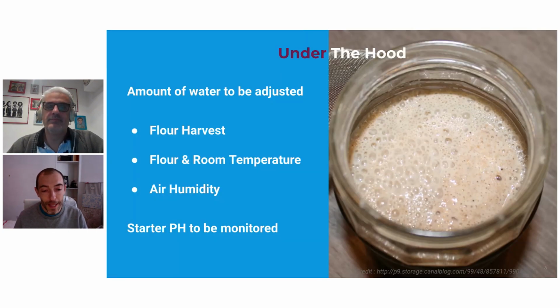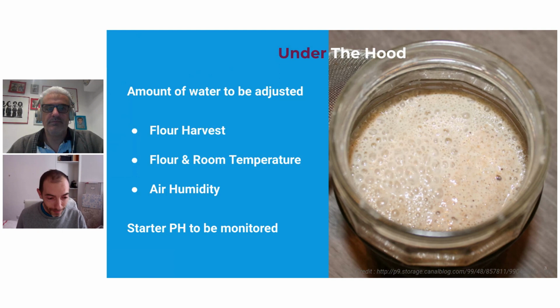So I had to call a friend, and after a couple of days, it fixed everything, hopefully, for the business. What was going on under the hood was that we needed to adjust the amount of water according to the flour harvest, the flour, the room temperature and the humidity level. We also needed to monitor the pH level.